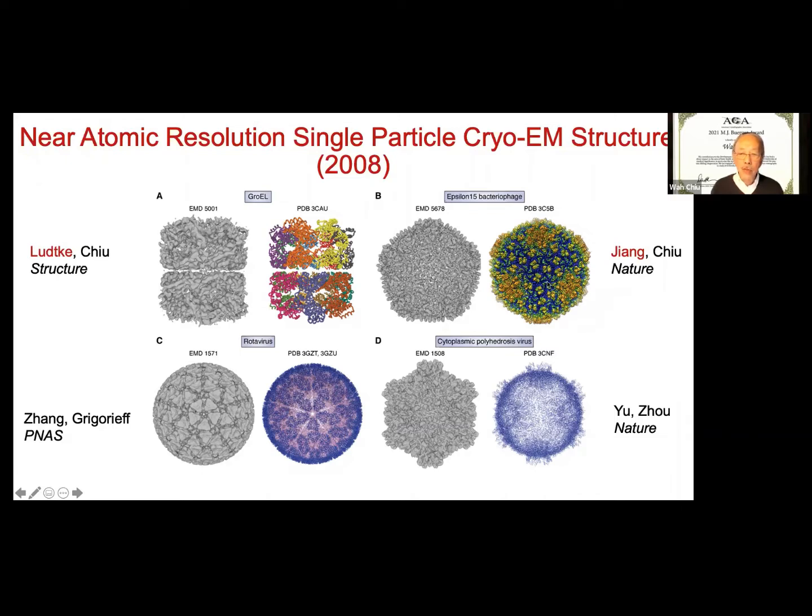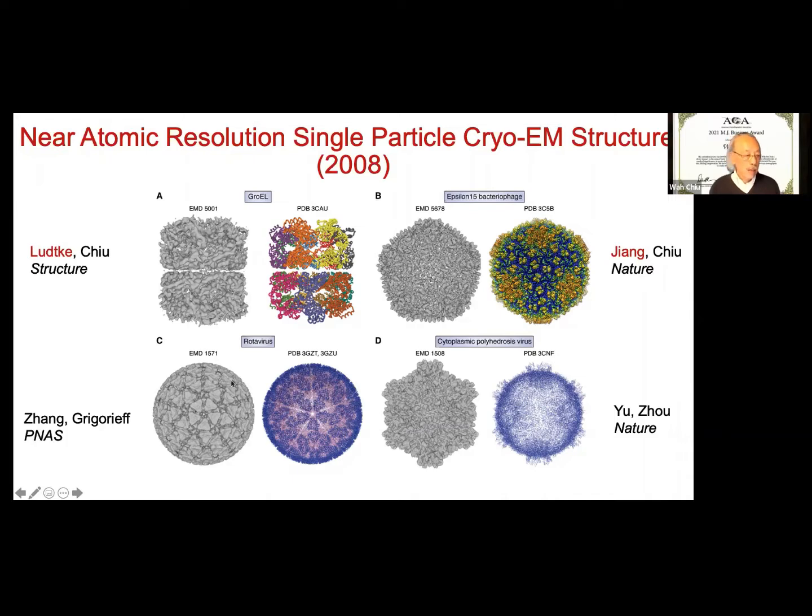In this structure, we were able to build the atomic model of one polypeptide, and there was additional density which could not be modeled. So we subsequently did a more biochemical analysis and discovered that another protein did exist in this icosahedral virus.